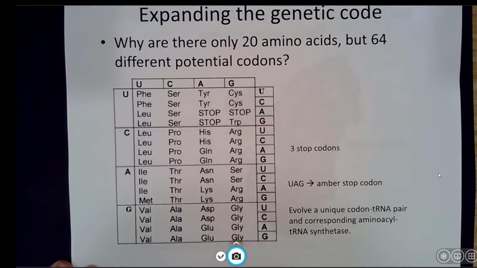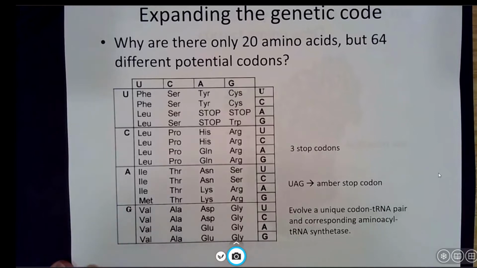So why do we have this redundancy? Well, there are some postulated reasons. One is that if there's a mutation, this acts as a safety check so that you won't necessarily get a change in amino acid. You can see that different amino acids have different degrees of redundancy.